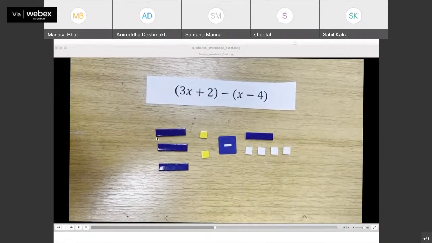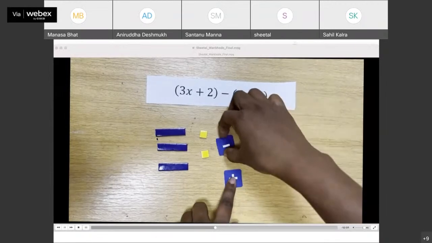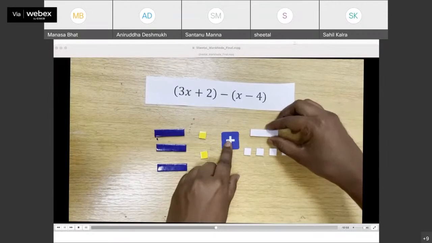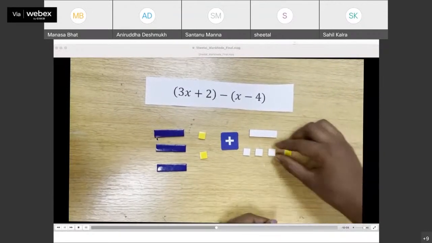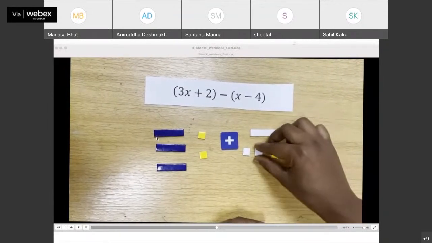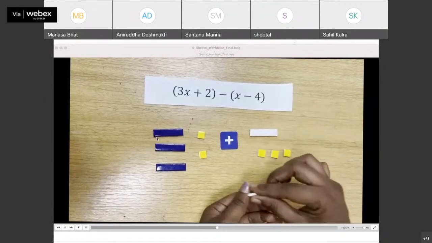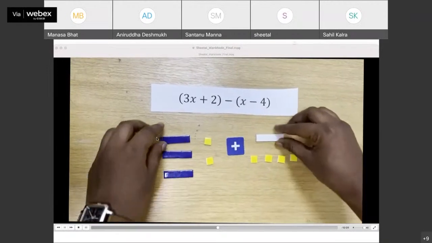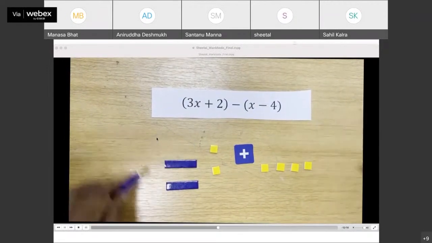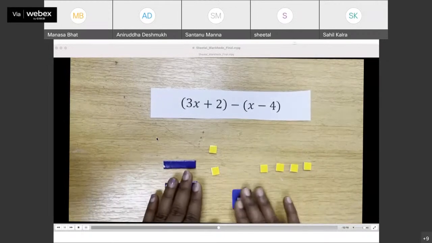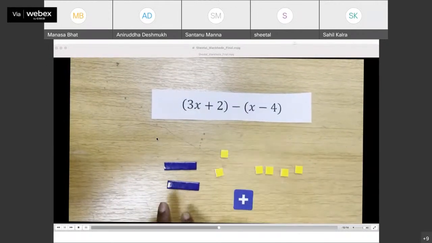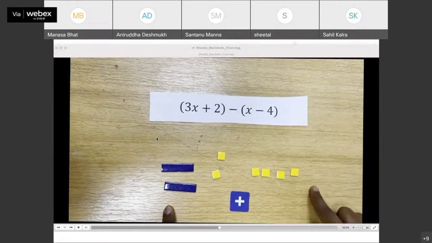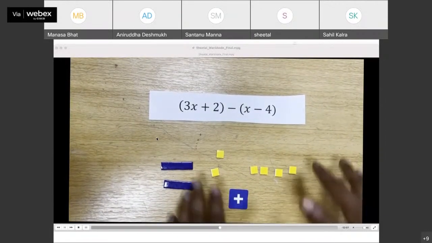So after changing, they become positive of negative x, positive 1 and positive 1. So now if you see this plus x minus x, they make a zero pair, so they vanish from here. So now what you have after adding: x, 2x, 1, 2, 3, 4, 5, 6, 2x plus 6.